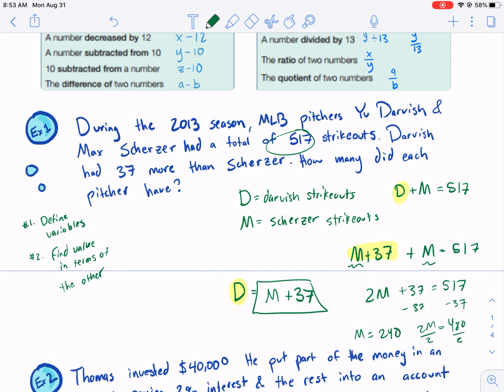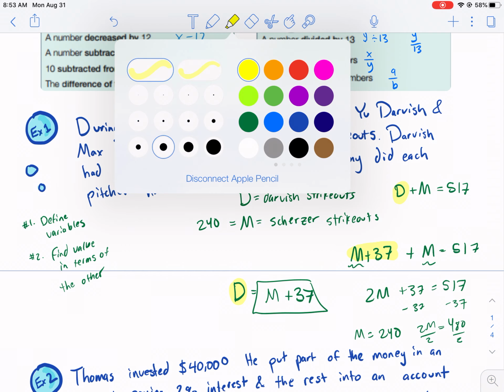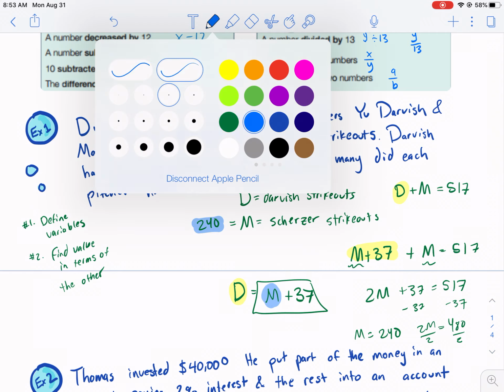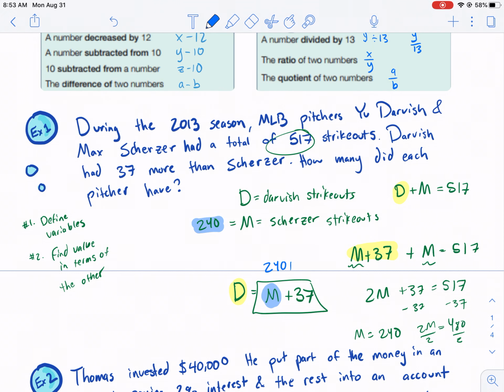Now that we have this, we solved it. We need to find Darvish. In order to do it for Darvish, we can plug it in there. So this is equal to 240 plus 37 to equal D, and that is clearly 277. And we have our answer for the number of strikeouts each one of these pitchers had.